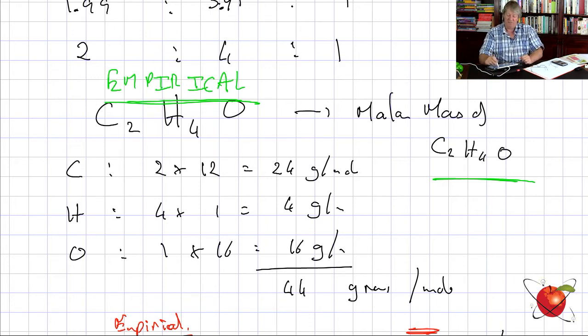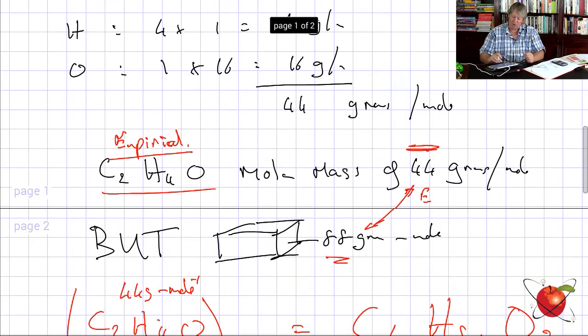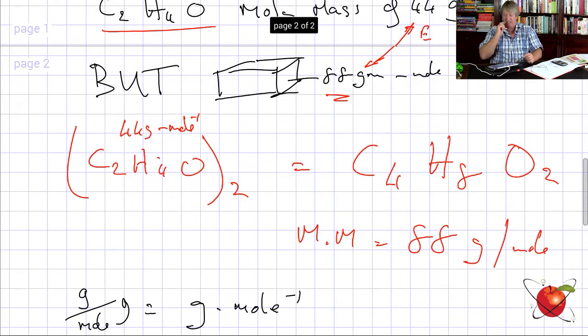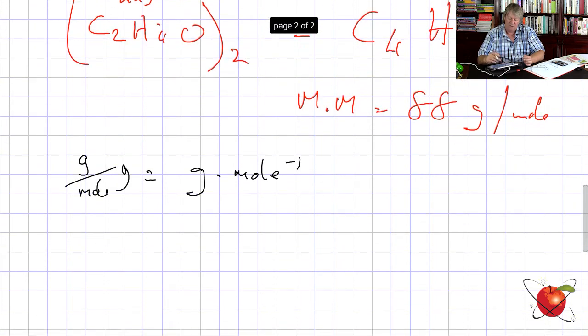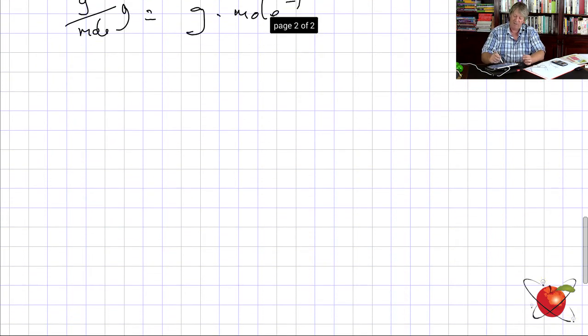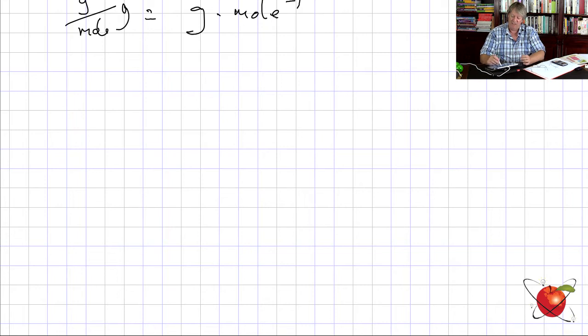But we have to now go and check the actual mass. I keep saying weight. The actual mass. We have to go and look at it, don't we? So we look at the mass and see how many times we are exceeding it. It's 2 in this case, right? So then we multiply each by 2. All right? Good.